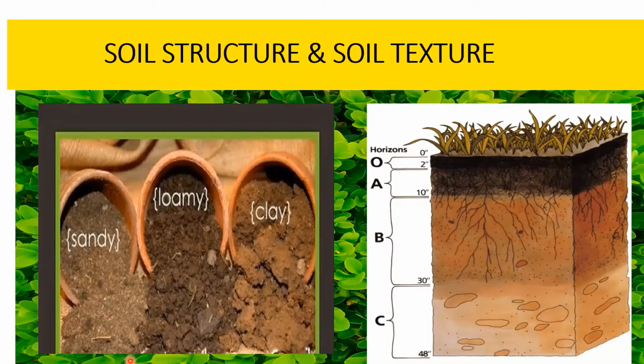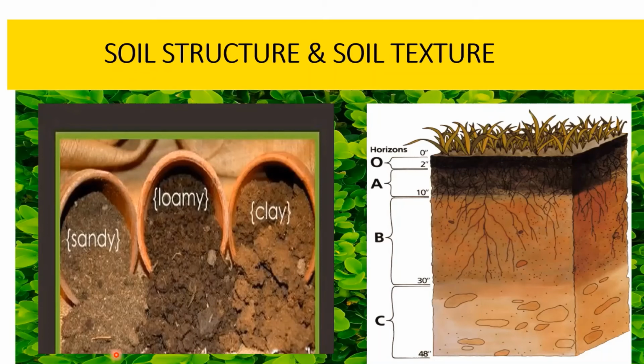Soil with a coarse texture is a sandy soil. Soil with a high percentage of sand is the sandy texture, a high percentage of clay is clay texture, and loamy soil has sand, silt, and clay evenly distributed.